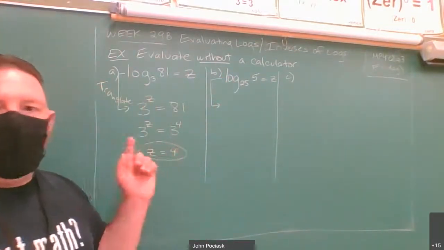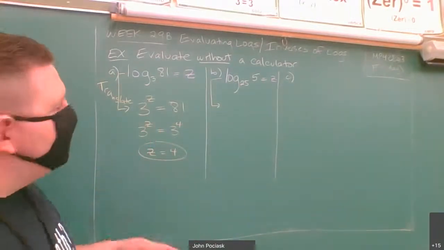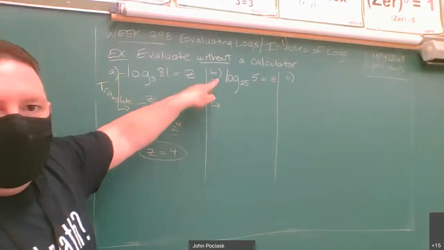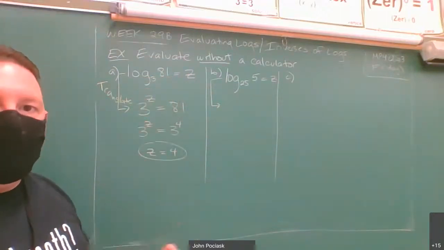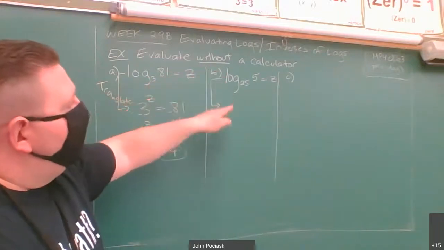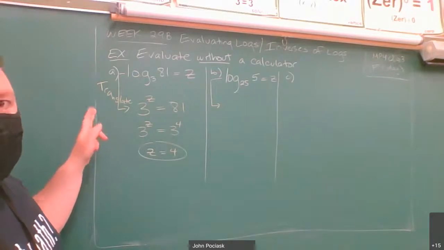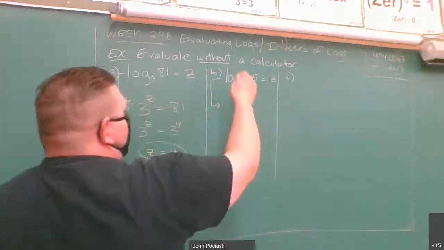Now, when you see this kind of squared off arrow that I'm doing, and this is important because this is going to come up a lot in the next few weeks, that is my notation to translate to the other format. So I'm going from logarithmic to exponential. I'm not going to write the word translate. You need to know that that's what I'm talking about. So I'm translating it from a log to an exponential.